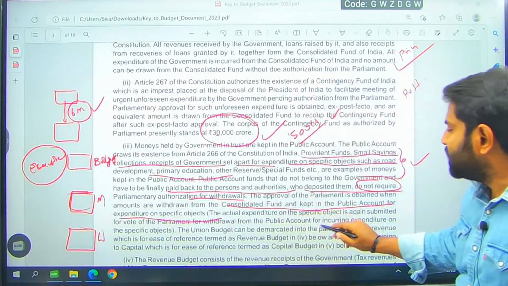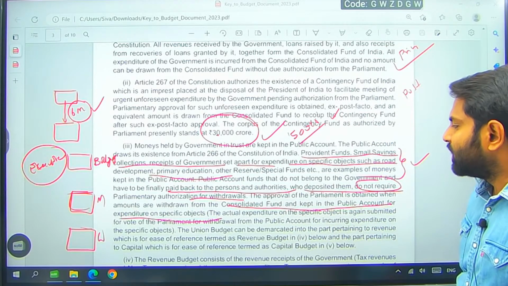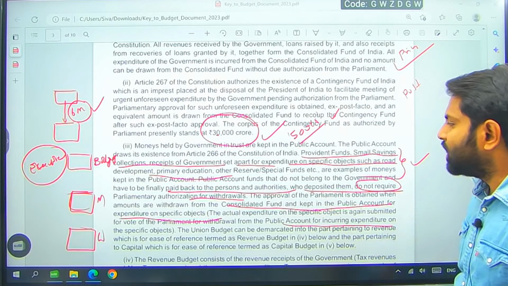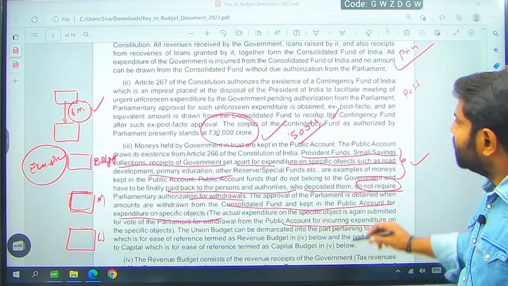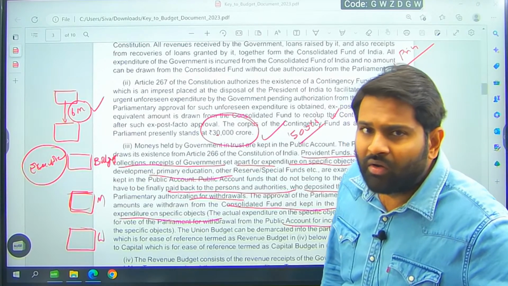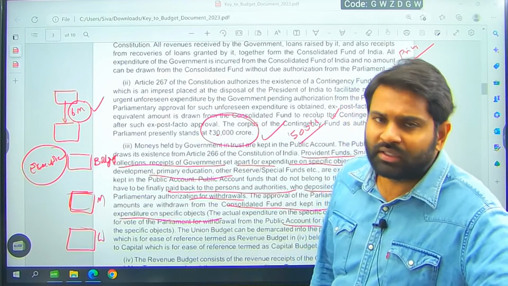The actual expenditure on the specific object is again submitted for vote in Parliament for withdrawal from the public account for incurring expenditure on the specific objects. So initially, as I said, all the monies will go to the Consolidated Fund of India. When the fund moves from the Consolidated Fund to the public account, we take Parliament's authorization, right?